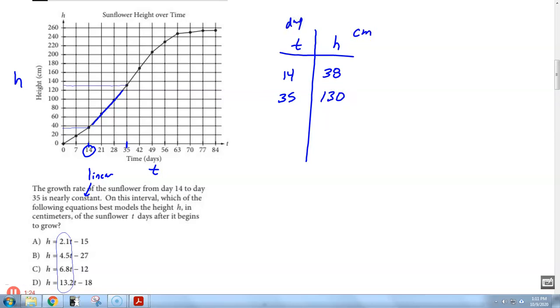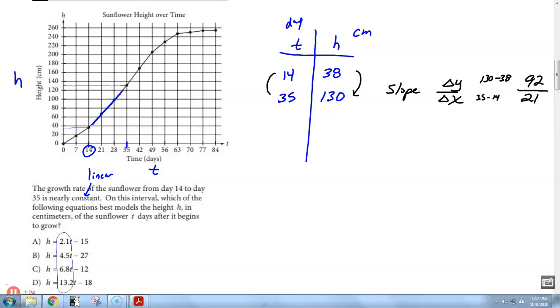To find the slope, remember slope is simply change in y over the change in x. So 130 minus 38, it changed by 92. And when I look at the x's, 35 minus 14, that means it went up by 21.